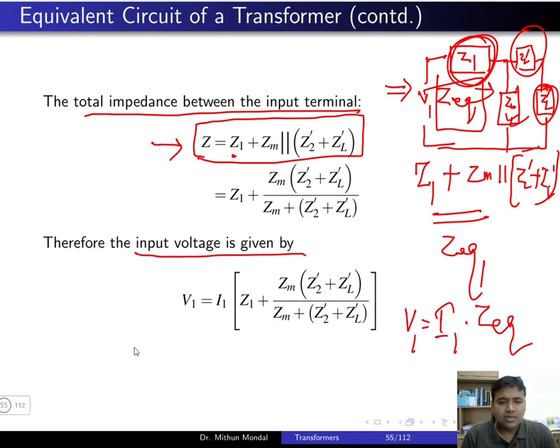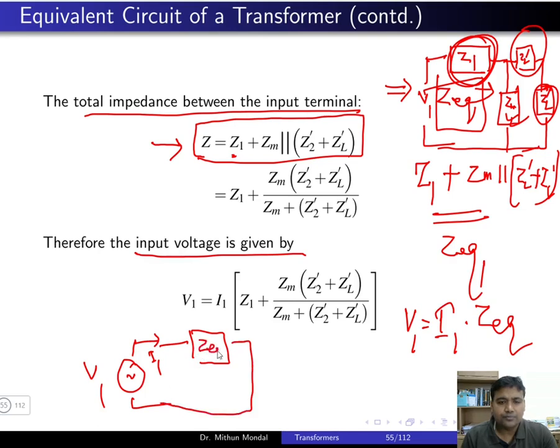So our circuit now will reduce to a single source V1, which is drawing a current I1, and an impedance which is Z equivalent. Z equivalent is basically the total impedance of the circuit that you have obtained seeing from the input terminal side.